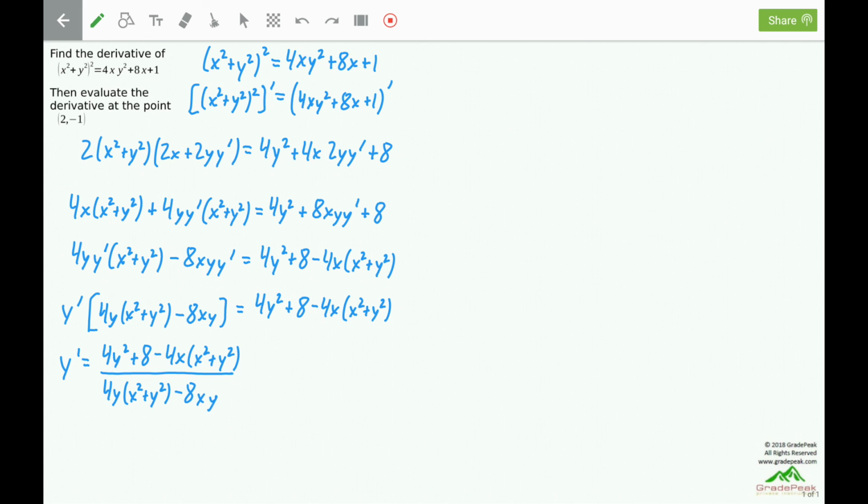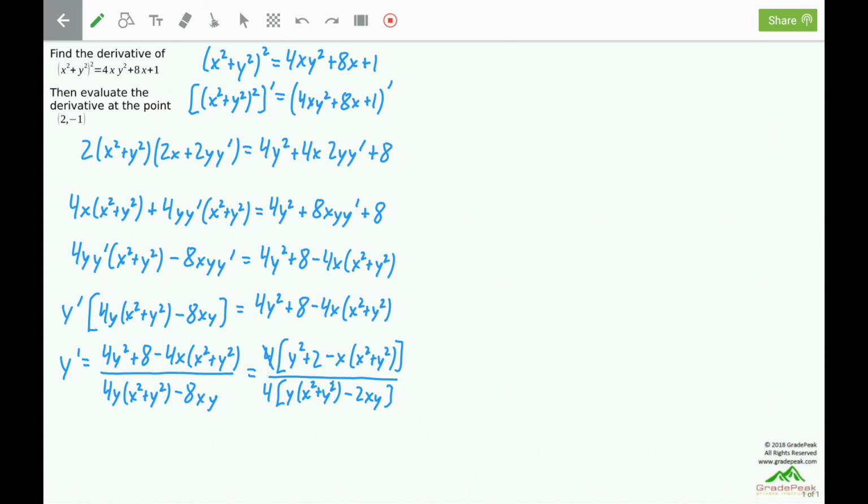We have a common factor of 4 in the numerator and denominator, so we can factor that out, and that'll leave (y squared plus 2 minus x times (x squared plus y squared)) over 4 times (y times (x squared plus y squared) minus 2xy).